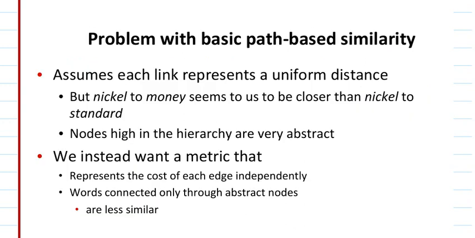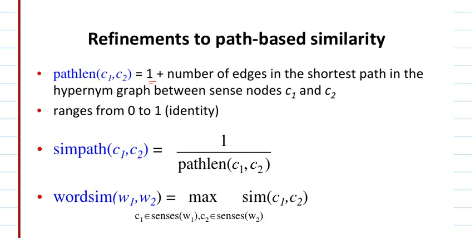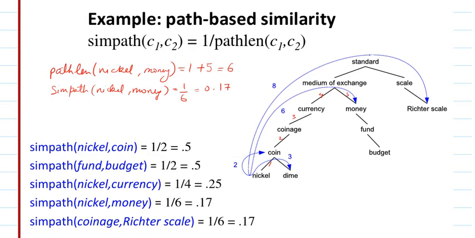Now there is some problem with this, because we are considering each of these edges as a single count. We are not weighting these edges, whether it is money, medium of exchange, or currency.